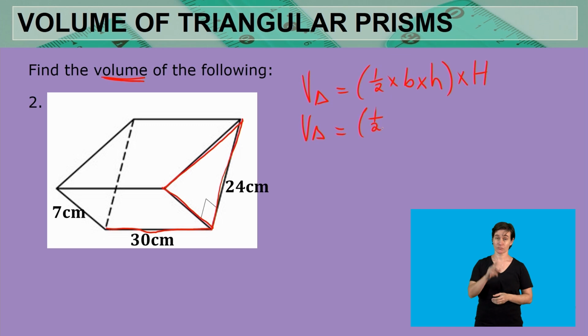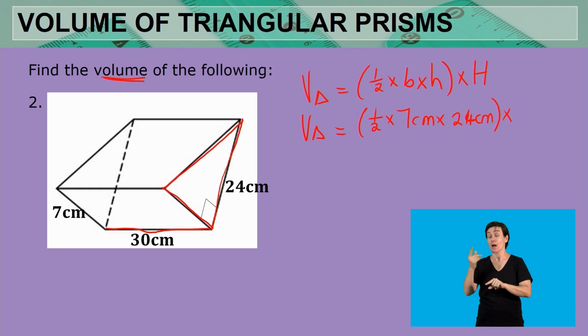That is 1/2 multiplied by the base, which is 7 centimeters. We're going to multiply this by the height of the triangle, which in this case is 24 centimeters. And of course, we're going to multiply this by the height of the whole prism, and that is going to be the 30 centimeters.